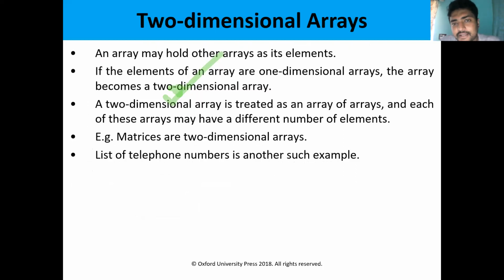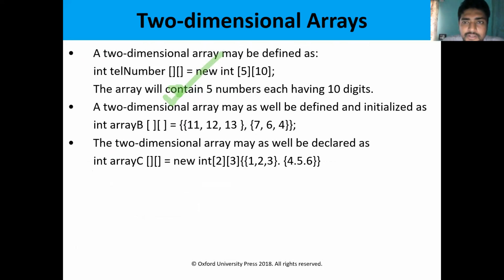Next, two-dimensional arrays. If we have two subscripts, then it is treated as a two-dimensional array. In a two-dimensional array, declaration is the same as a single-dimensional array. This is the syntax for declaration: int telephoneNumber is the array name, two dimensions, new operator, int, size 5 by 10, a 5 by 10 matrix. Another example, int array name with subscripts.